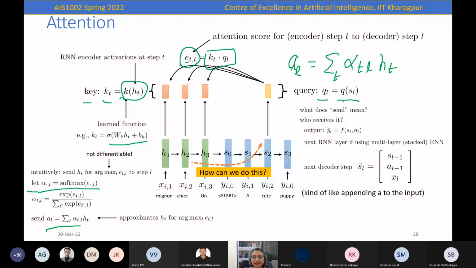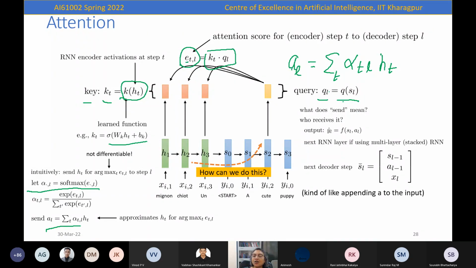And based on the previous decoder state, at the current time step, we are trying to find out how much of each of the encoder states we will look at, right? For this we obtain alpha 1l, alpha 2l, alpha 3l, where alpha tl is the importance to be given to the tth encoder state.